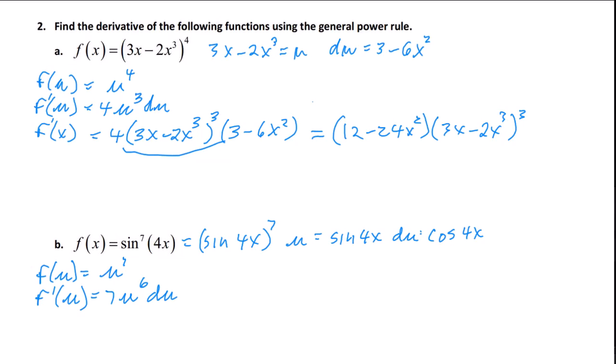We put our x back in, so I've got f prime of x equals what? 7 times sine of 4x to the 6th, times its derivative now, du, is going to be cosine 4x.